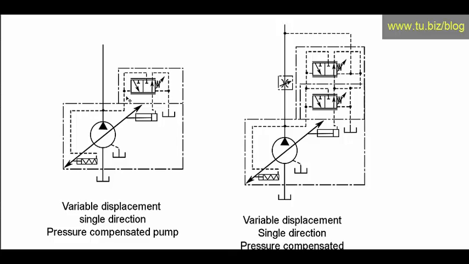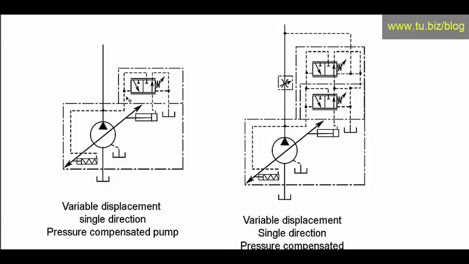It is important to notice that many manufacturers have different detailed schematics on how a pressure compensator is drawn, maybe because many of the pumps may function in a different way. Even though you can accomplish the same thing, the pressure compensated system, you can do it in different ways.